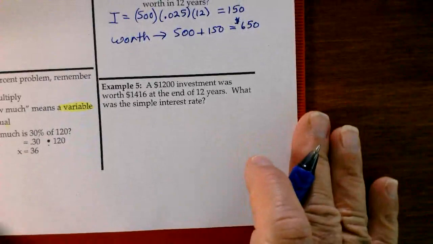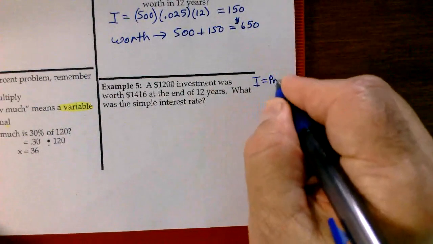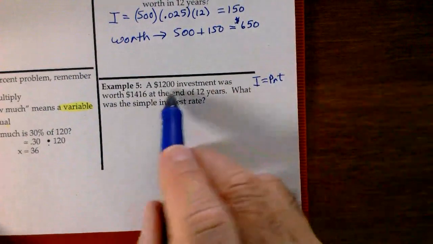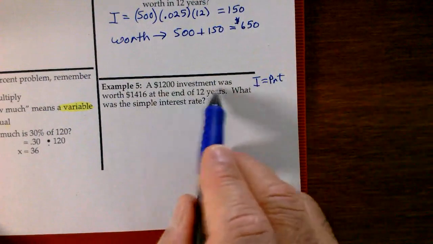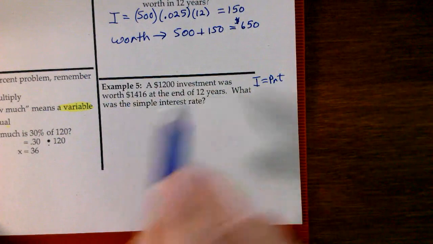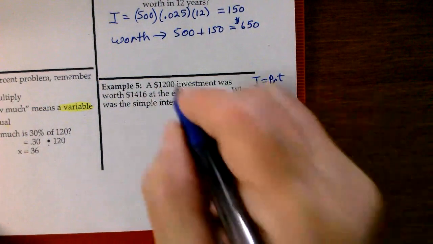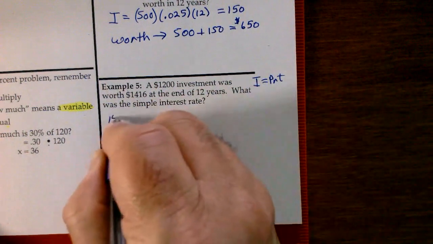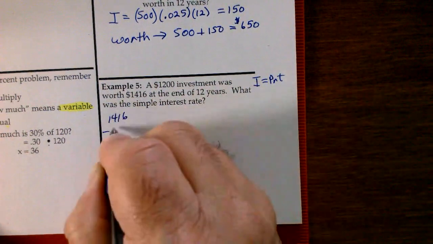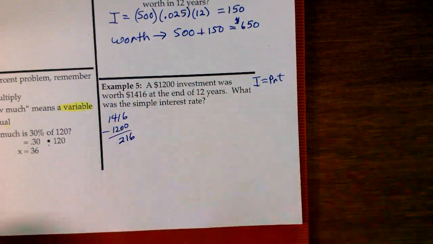We have the same situation here. We have I equals PRT. A $1,200 investment was worth $1,416 at the end of 12 years. So let's see what we have here. We know that 1,416 minus 1,200 is $216.